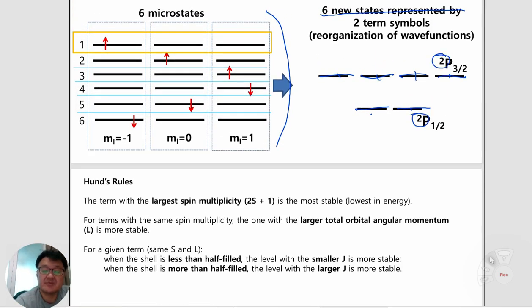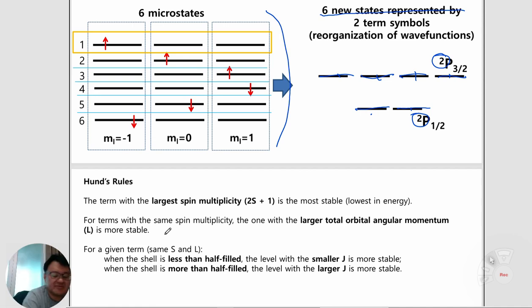Okay, so the larger this number, the lower in energy. But in this case, both have the same spin multiplicity. So rule number one does not give us a clue about which term symbol would be representing the more stable energy state, energy level. So in this case, we have to go to the second rule.